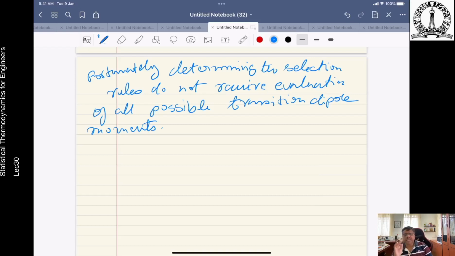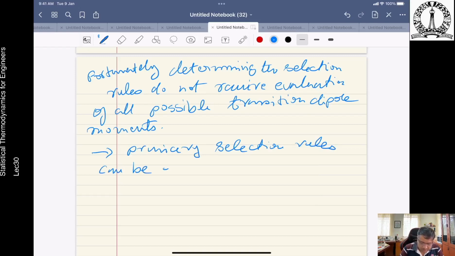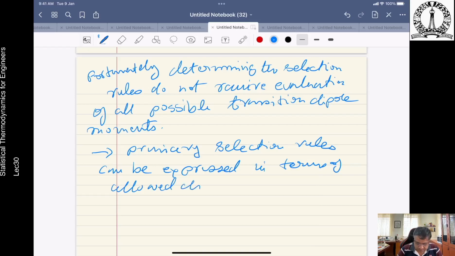So the primary selection rules can be expressed quite simply in terms of the allowed changes in characteristic quantum numbers.